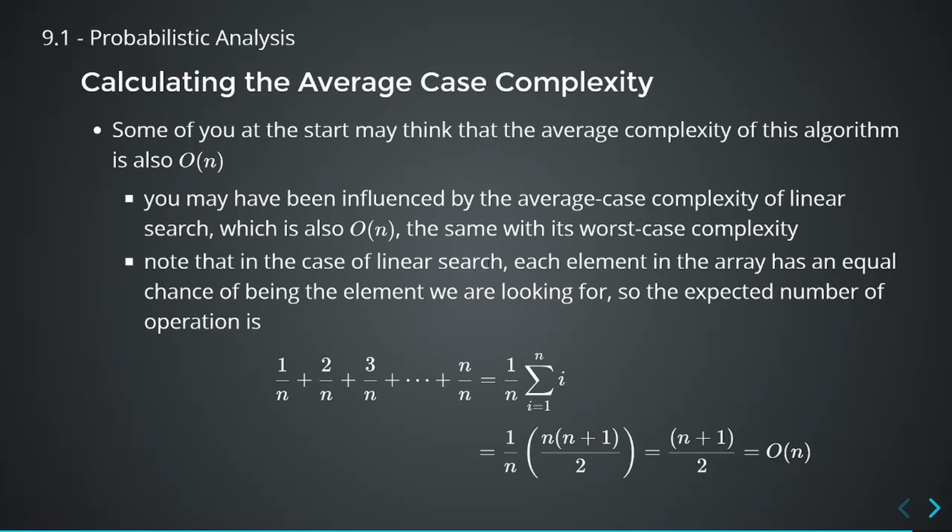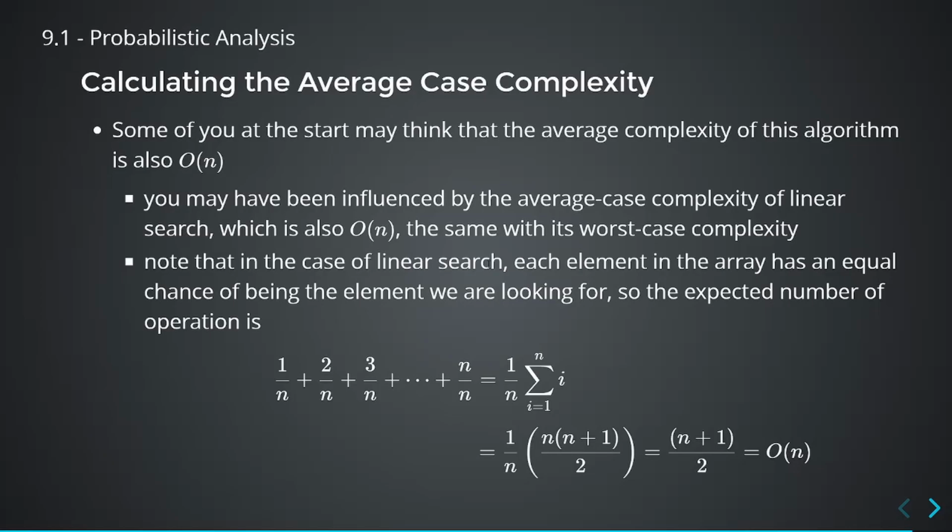If the first element is the element you're looking for, then you only have to do one comparison operation, and you're done. The chance of that happening is 1 times 1 over n, right? Because there's 1 over n chance of it being the element you're looking for. You have to do one operation. Expected number of operations, 1 over n.